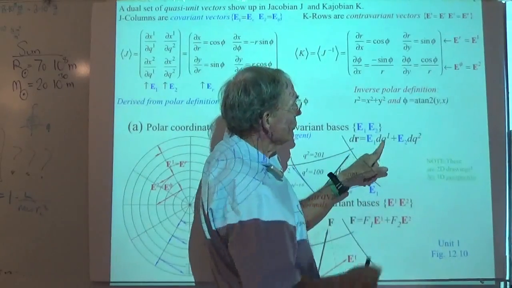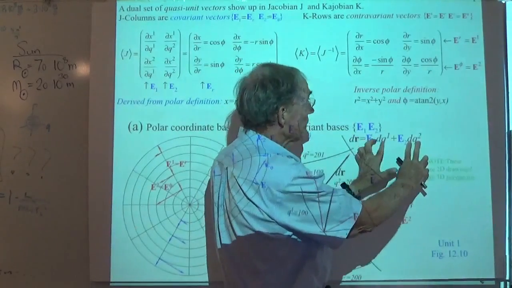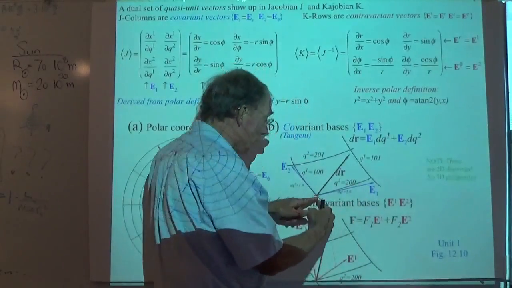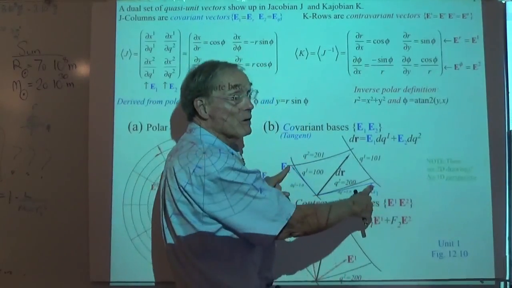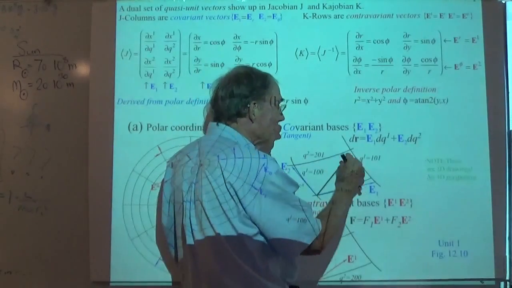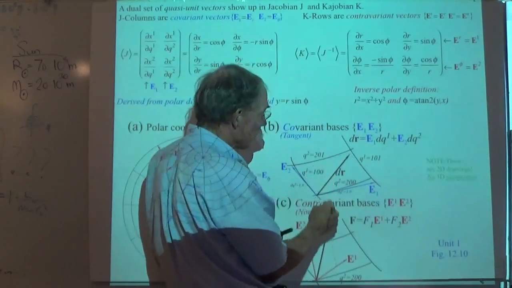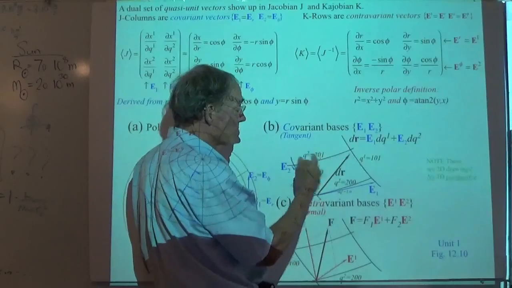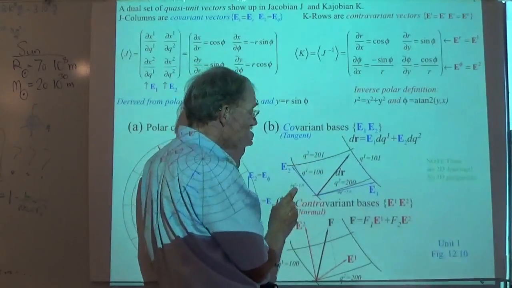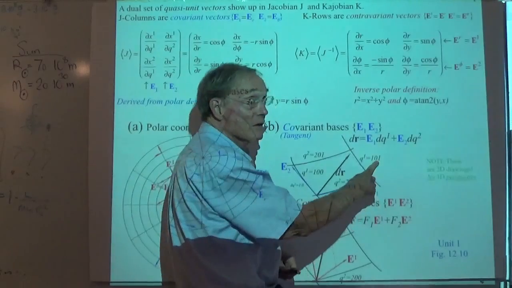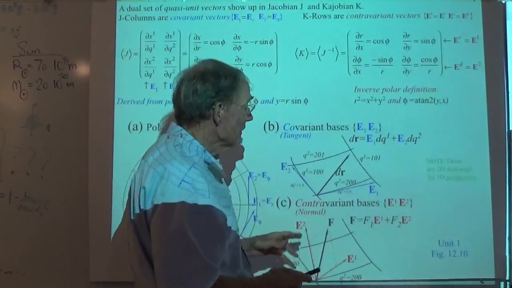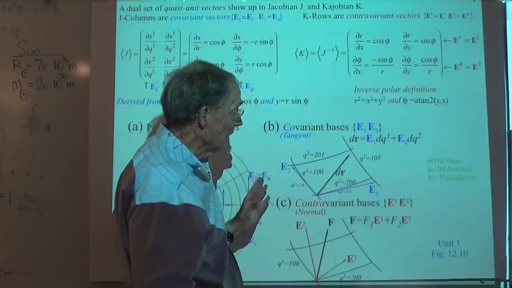And if dq1 is actually 1, let's just put a 1 there, then this would be the sum of E1 and E2, namely that vector. Well, it won't quite be right because even though I'm talking about a unit 1, which is pretty small compared to the units we're actually using here, 200, 201, 100, 101, right? Those are the Q constant level curves that make the coordinate grid, okay?